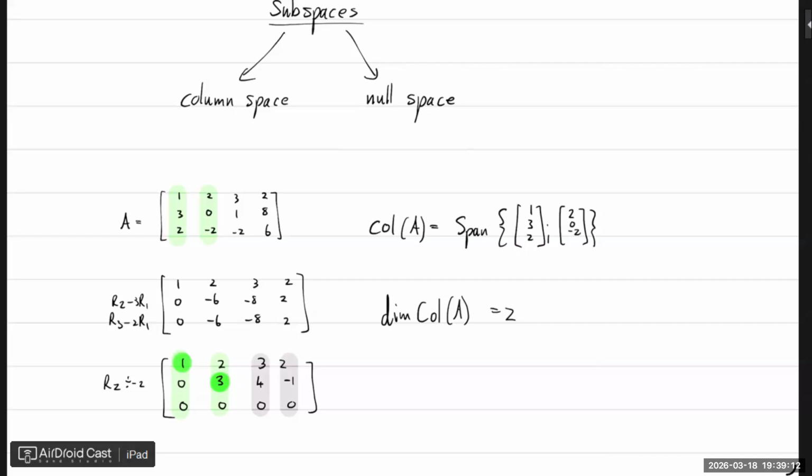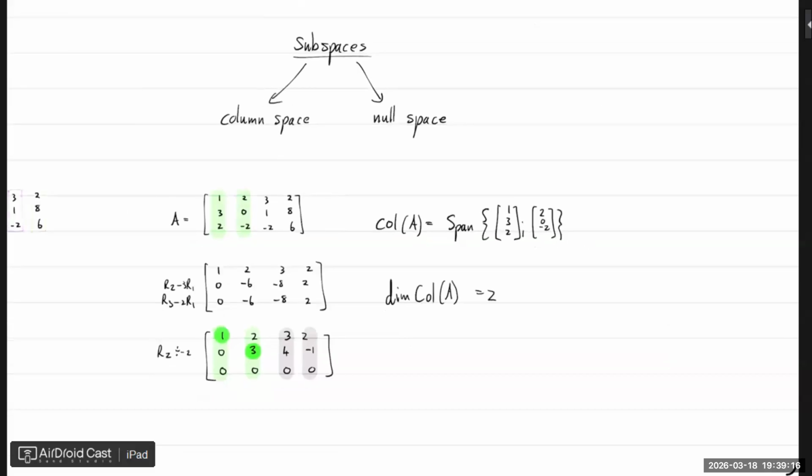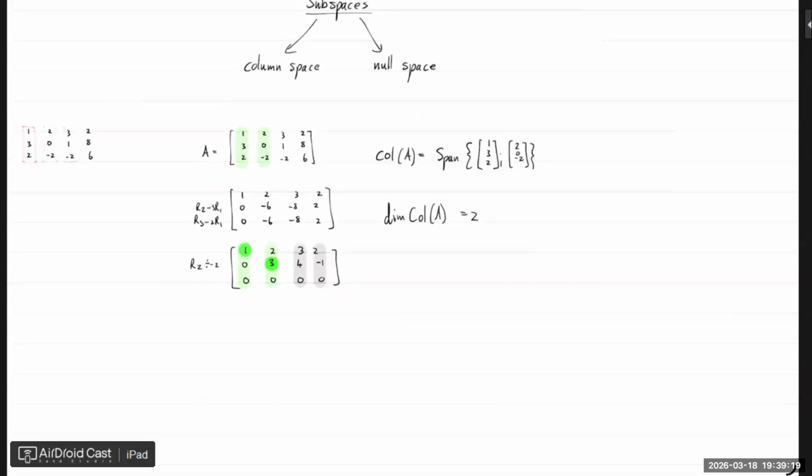Now, the next thing that we want to talk about is then the null space. How do we calculate the null space? Now, to calculate the null space, let me just give you the recipe.